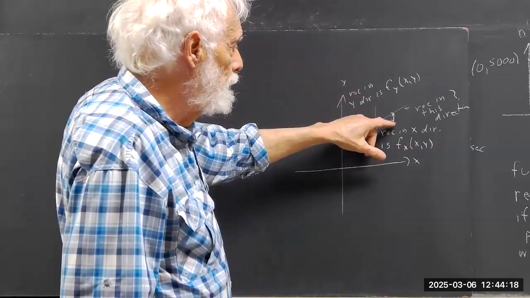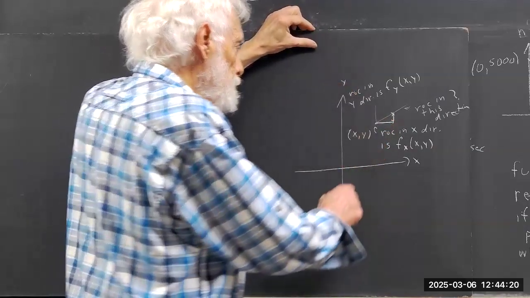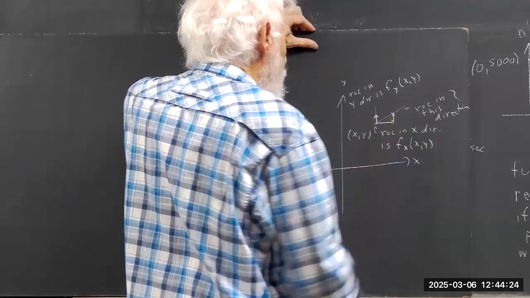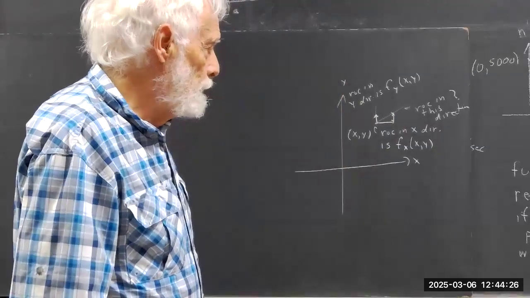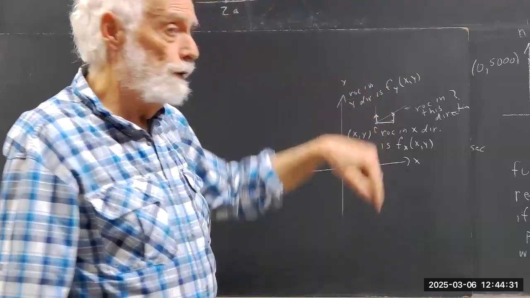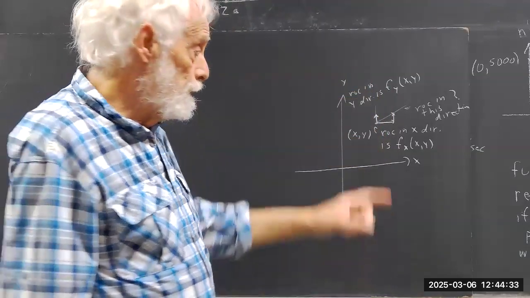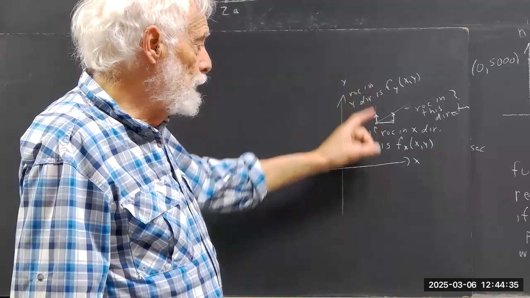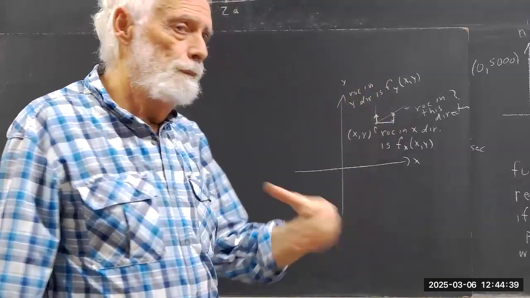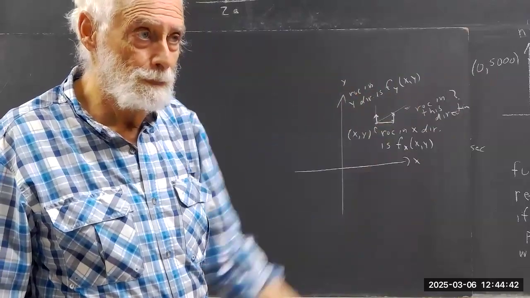The rate of change from here to here might be a little bit different from the rate of change from here to here. But if this point is very close to this point, then the rate of change in the y direction, or in any direction, is not going to have much room to change.